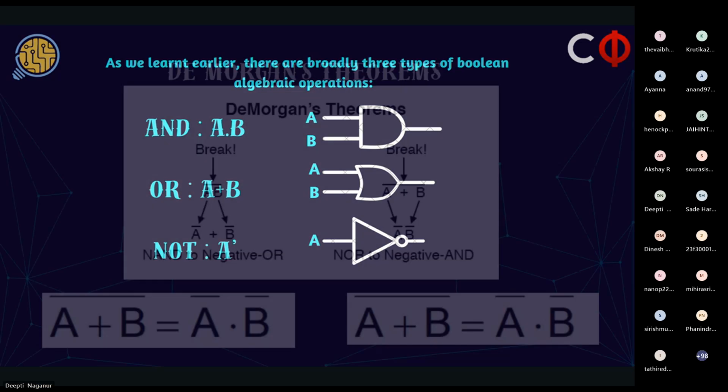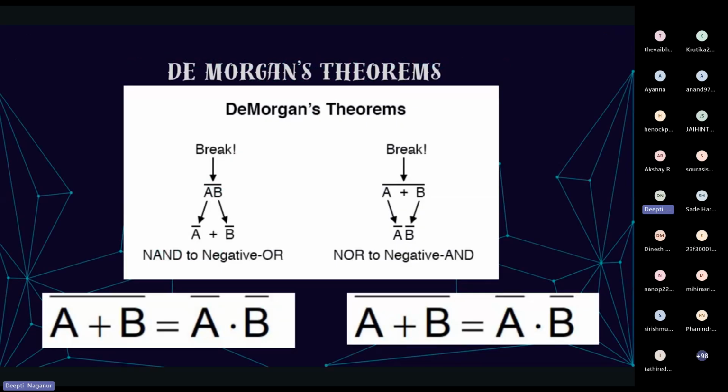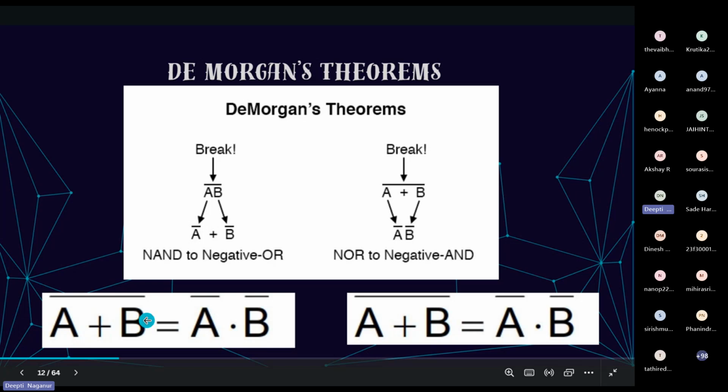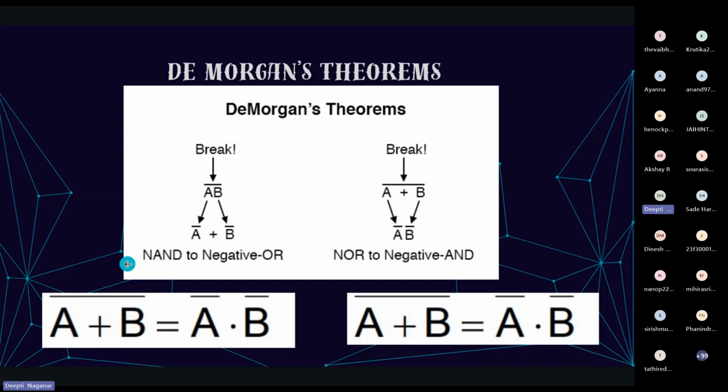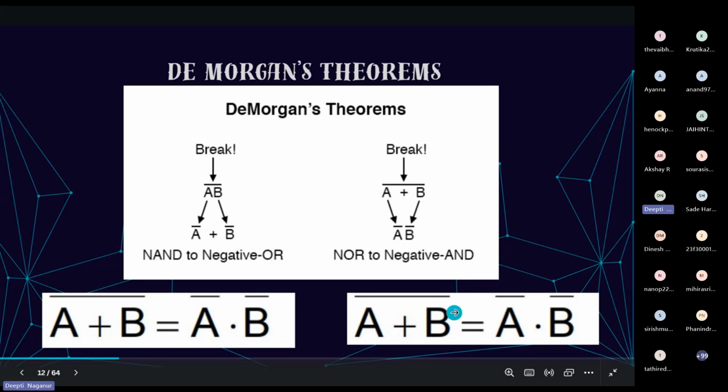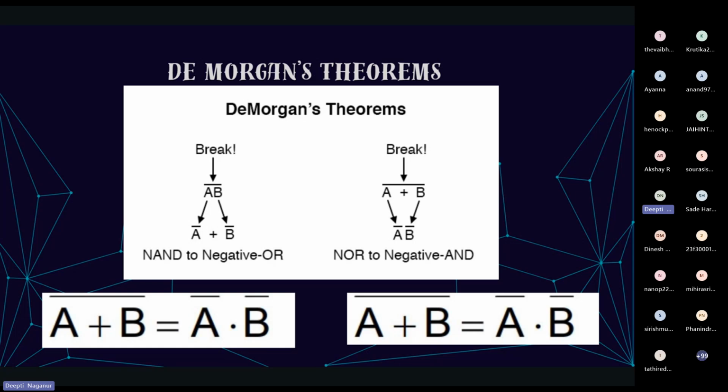Okay, but before that, I request you to go through De Morgan's theorem, where if I have OR of two inputs A and B, and if I take prime, or in this case it is represented as a bar, bar means I'm taking the not version of it. I'm sorry, I have actually repeated this. I didn't notice the mistake here, but this is the theorem, that is prime of or will give me and of two primes.